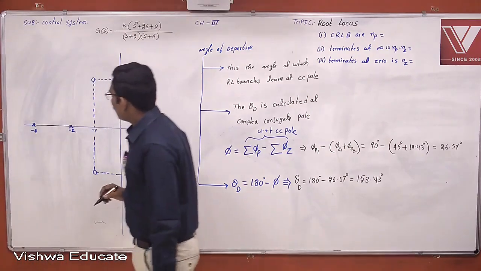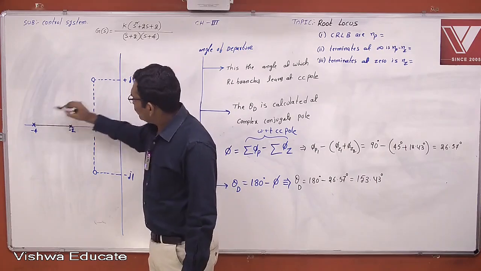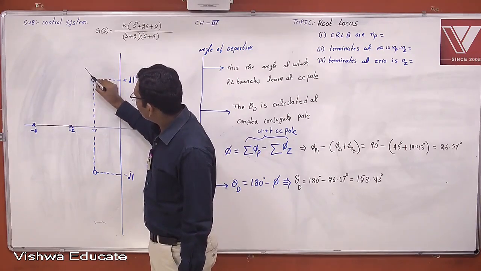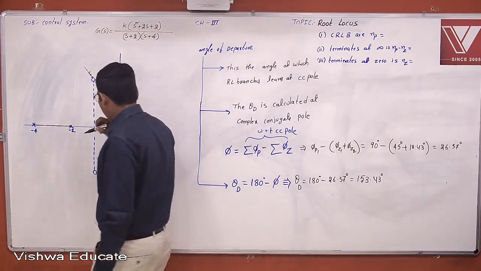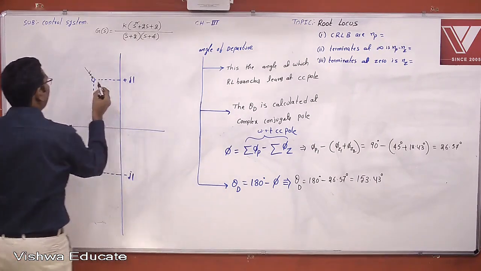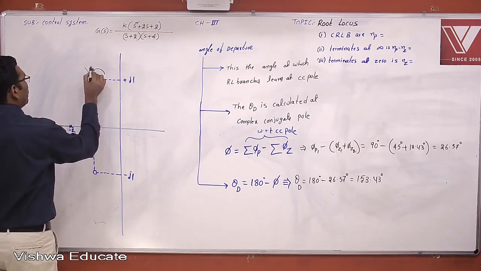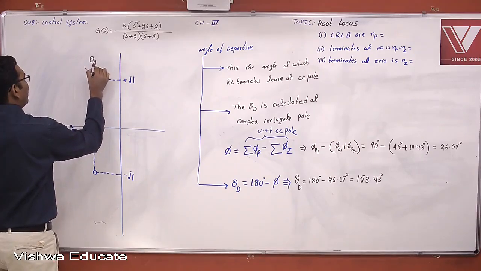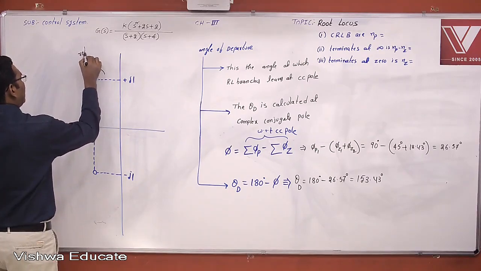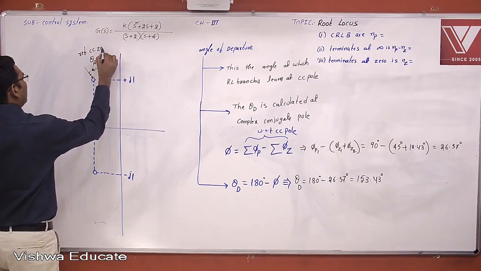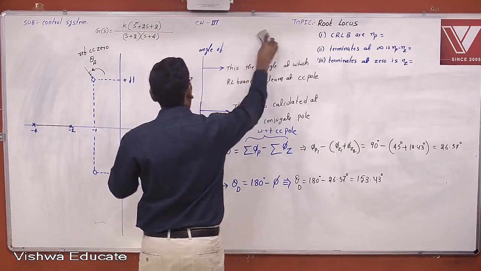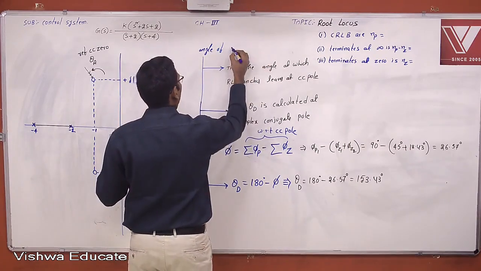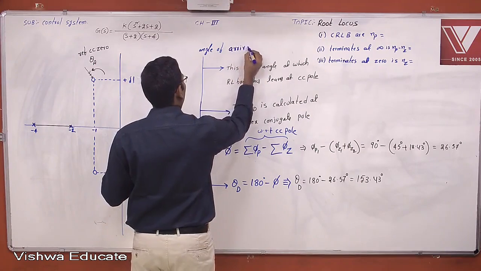Now the root locus branch starts at poles but terminates at the complex conjugate zeros with some angle. This angle is called the angle of arrival. So first we want to find the angle of arrival. What is the angle of arrival?